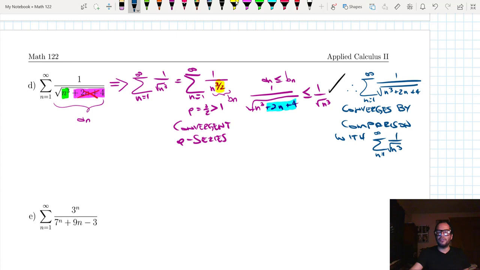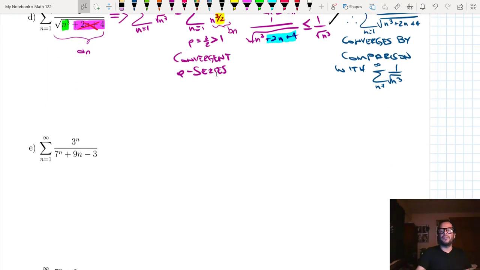And this is how we do the comparison. So again, we are comparing with something simpler for which we know its behavior by simpler tests. So we compare the two general terms and we show that the inequality is true.